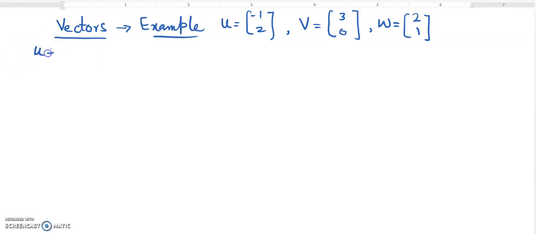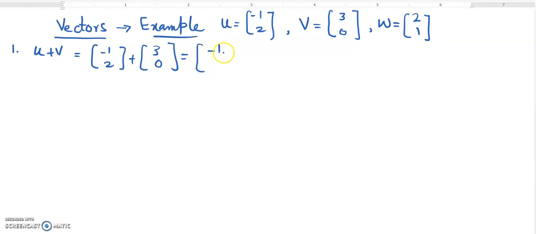We can compute u plus v. u will be (-1, 2), v will be (3, 0). So this simple arithmetic says that it will be -1 plus 3 and 2 plus 0, so it will be (2, 2).